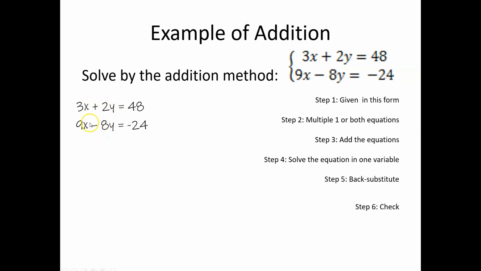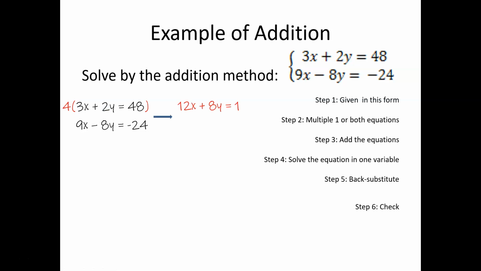These have opposite signs, but not the same coefficient. So, can we multiply 2 by something to equal 8? Because the signs are already opposite, we just are concerned with the numbers. So we can multiply this top equation by 4.